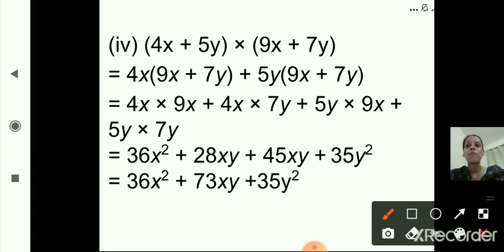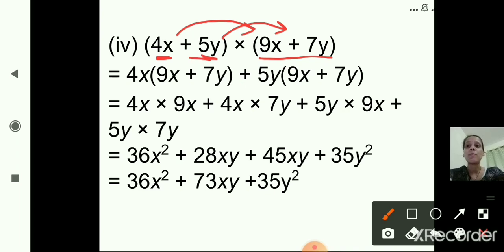the first term, 4x, we will multiply with the second algebraic expression, right? So 4x multiplied by 9x plus 7y. Now the second term, that is 5y, we will multiply with the second algebraic expression.